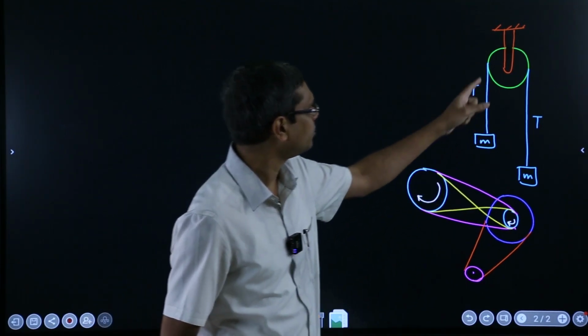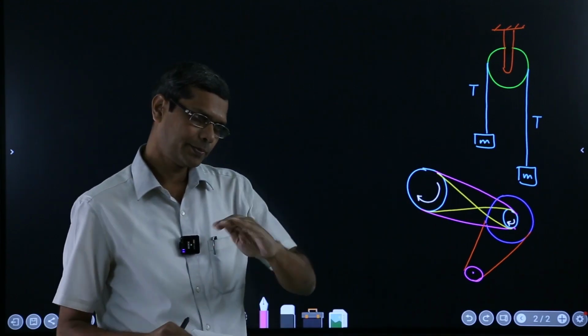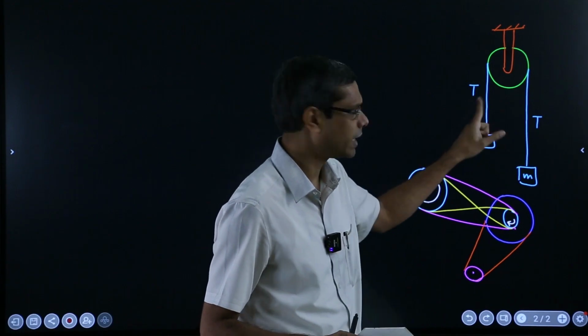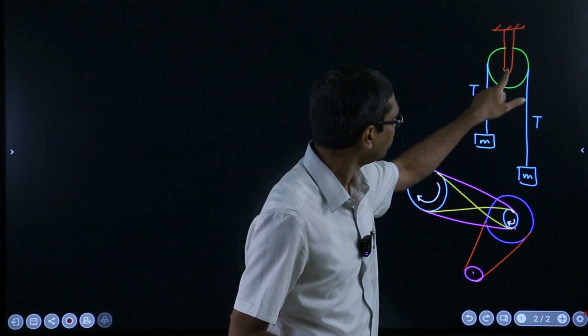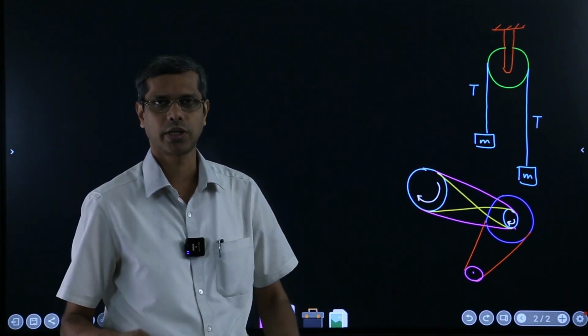Now similarly, suppose you have friction here, so they are not slipping with respect to each other. That means this belt or this thread is not slipping on the pulley, but you have completely frictionless bearings at the joining point.